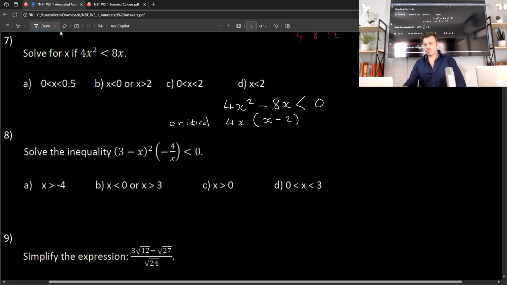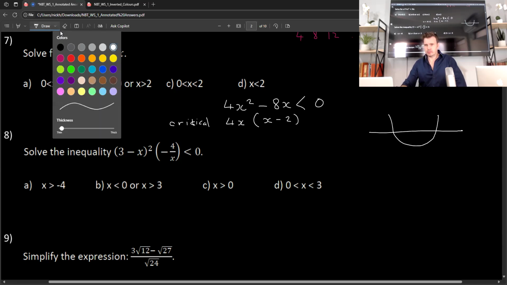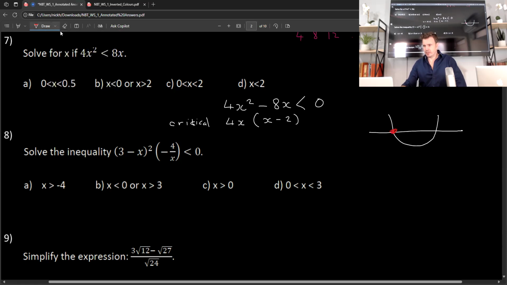If you look at 4x squared, this is a parabola, and you're going to have roots of a parabola, which will be over here and over here. In other words, when you hear roots, that means our x-intercepts. Now if I look at my critical values, I make this equal to 0, and I get 4x equals 0, which means x equals 0, and I get x minus 2 equals 0, so x equals 2. And so our critical values are 0 and 2.